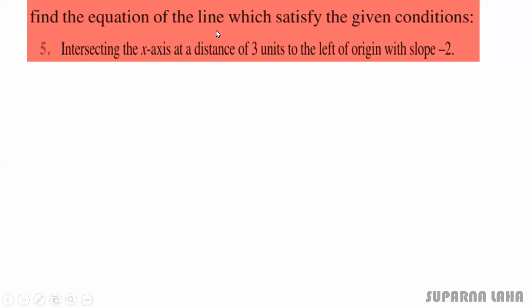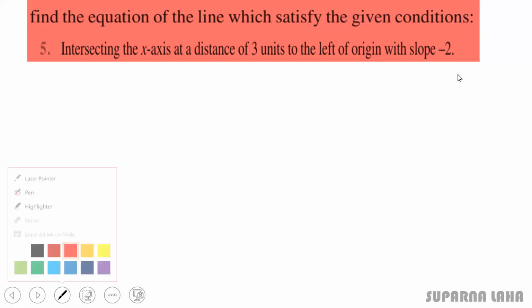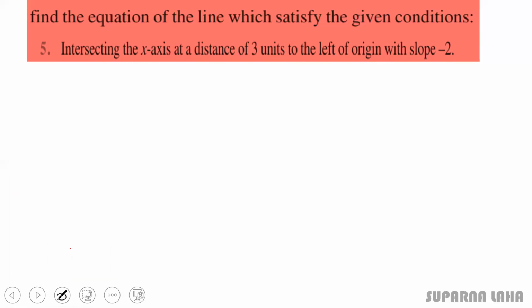Find the equation of the straight line intersecting the x-axis at a distance of 3 units to the left of the origin with the slope minus 2. Now what do you mean by a line intersecting the x-axis at a distance of 3 units to the left of the origin?